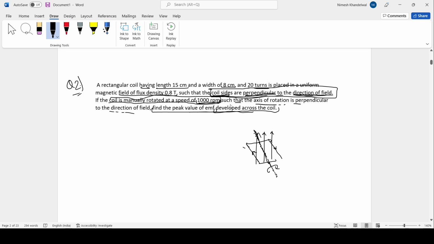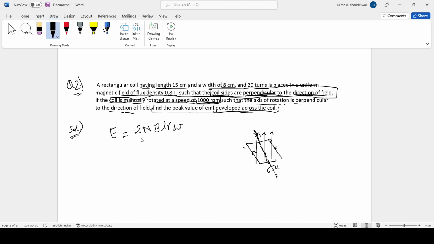Here also for the solution, you know from your lectures that the expression for back EMF is 2NBLR times omega.